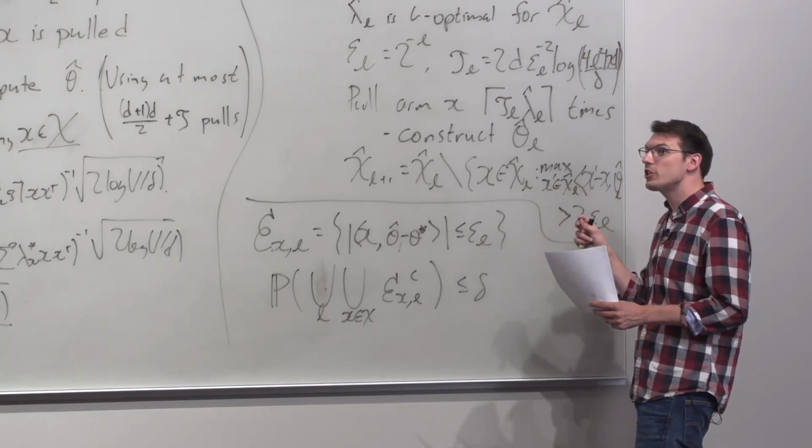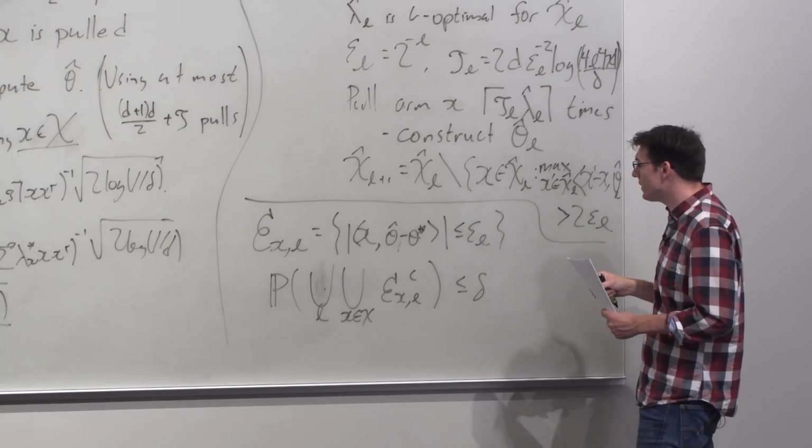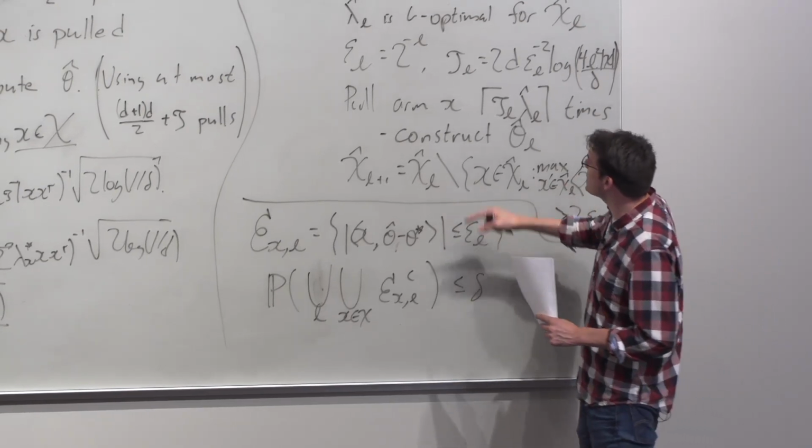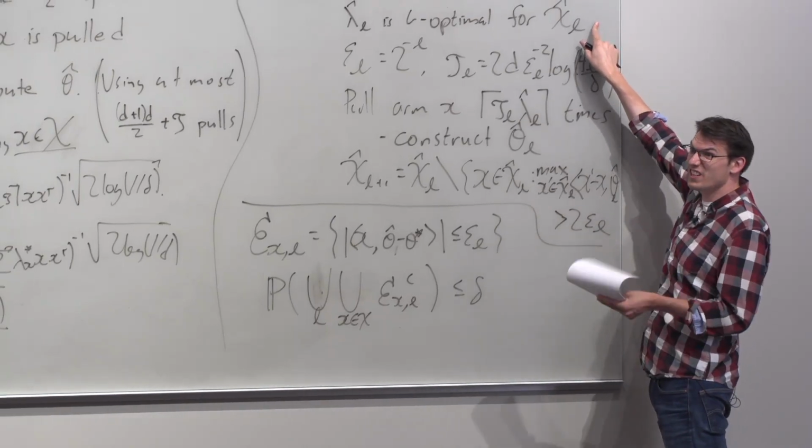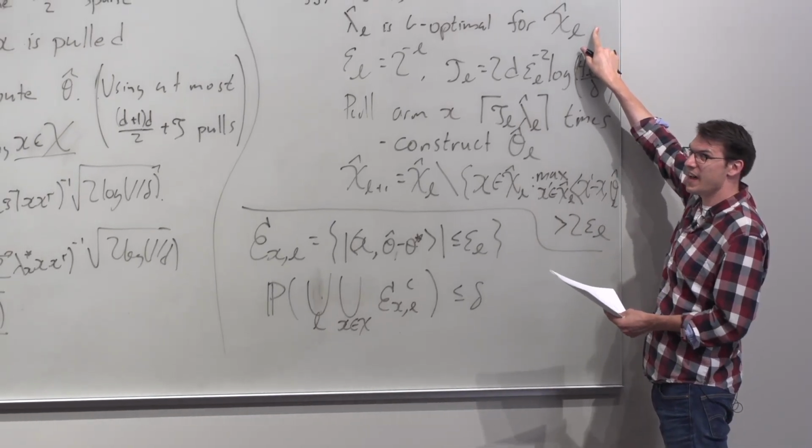The only fine point you have to worry about is that X hat L is now a random set. It is not a fixed thing you can condition on, like we did last time.